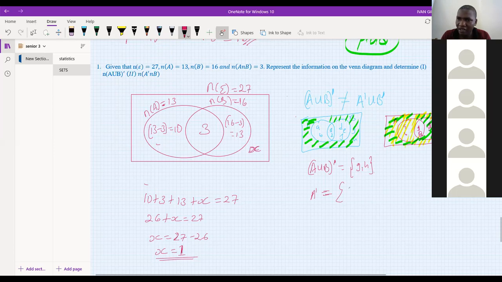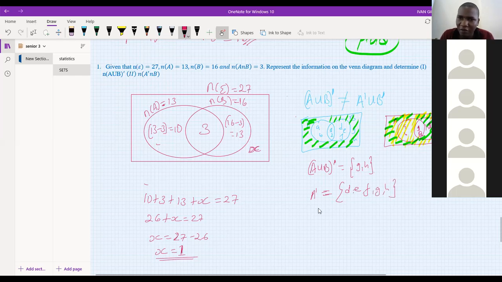You don't have Y. It is B. 1. Sorry? 1, 2. No. 1 is not in A complement. This is still in A. You see that this is still the circle of A. So we want, yes, outside: D, E, F, G, H. Those are the elements of A complement.